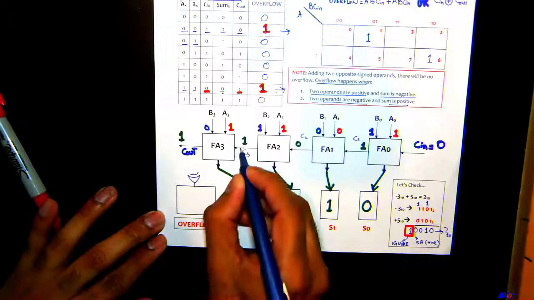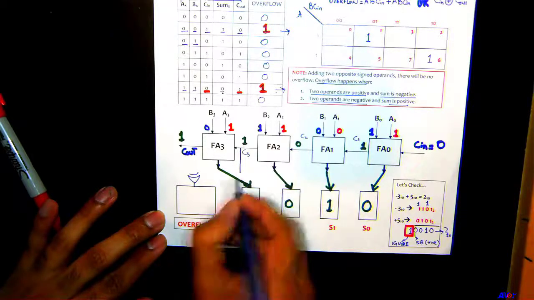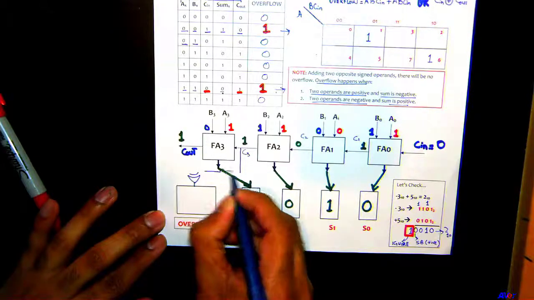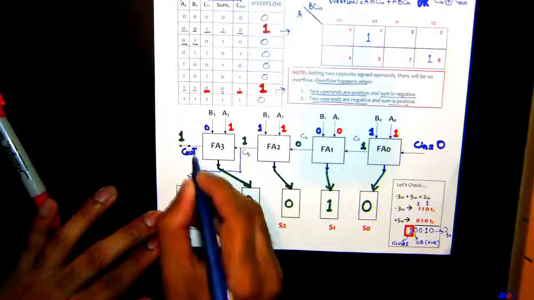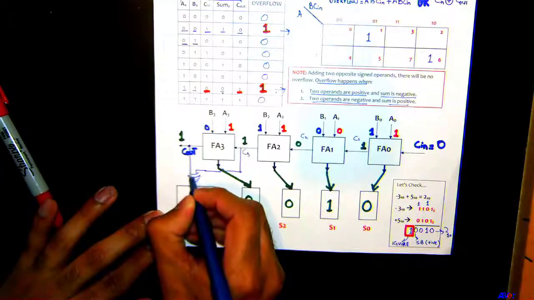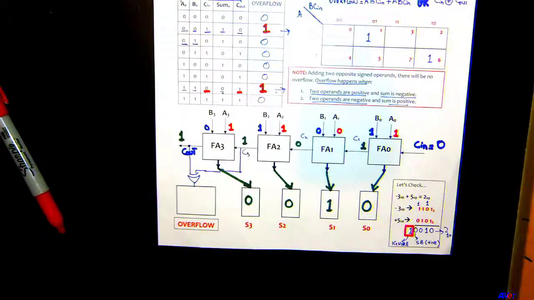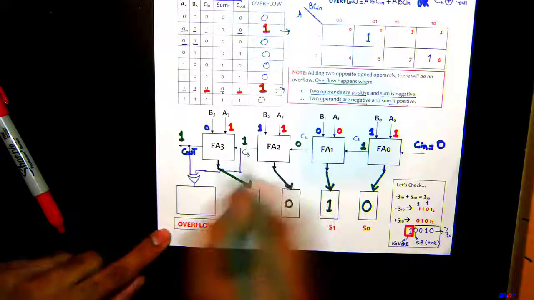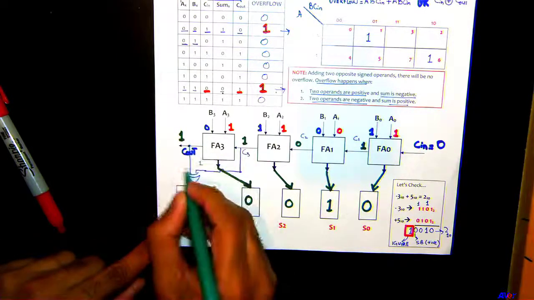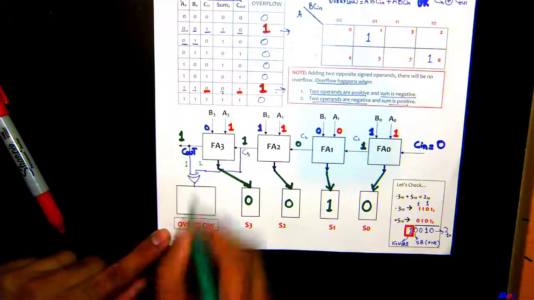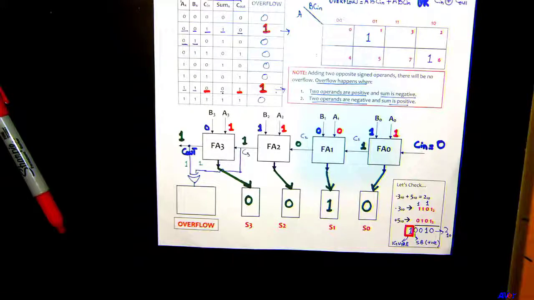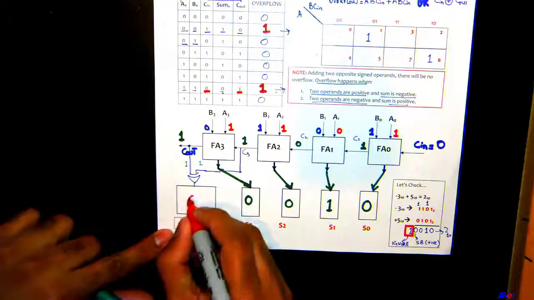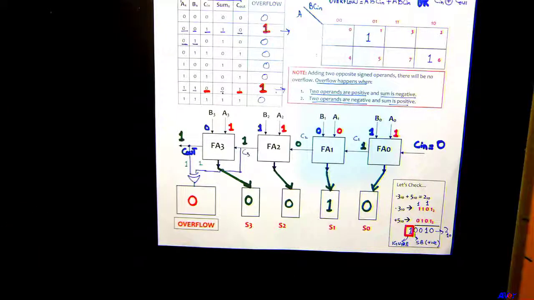You have C3 going in here, and then you have Cout going into the exclusive OR. We know C3 is 1 because this is 1 here. Cout is also 1. Okay, 1, 1 going to an exclusive OR gets you what? 0, right? So this means there is no overflow, and that's what we were expecting.